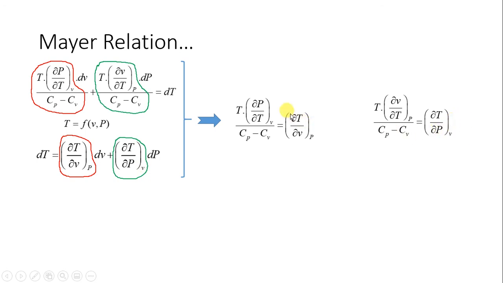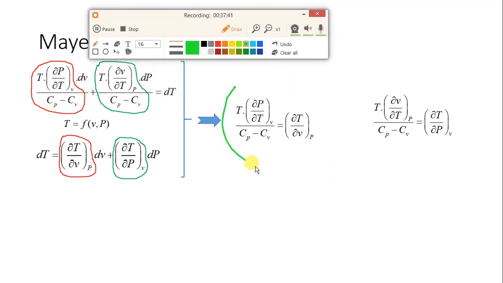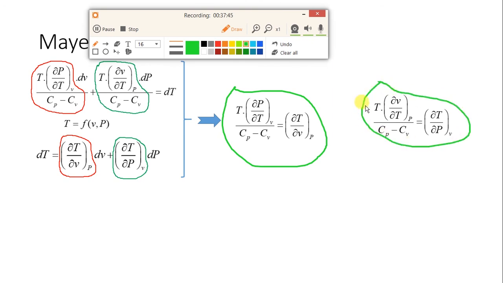Now you can use any of the relations. Here two relations are there, and both relations are the same. Here dou T by dou V when pressure is constant is over here, and this term is over here, the same term. Similarly, this term appears over here. So both equations are the same basically.